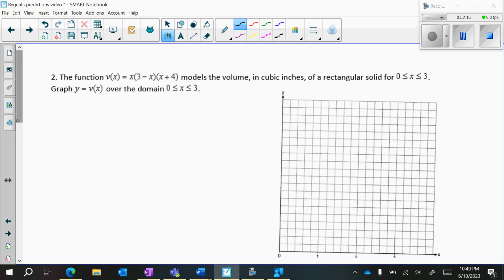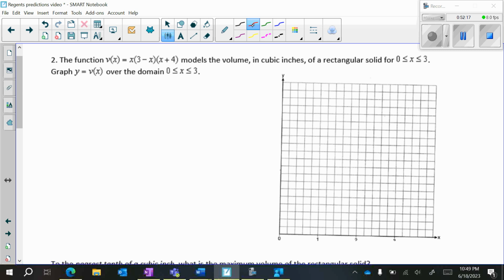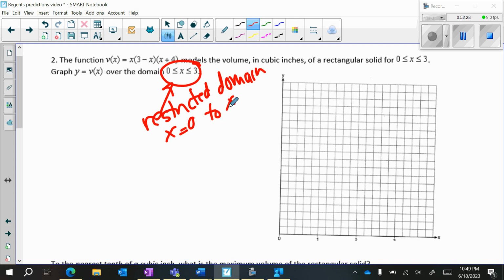I'm not going to do this next one with you fully, but I just want you to note that this one has what we call a restricted domain. So restricted domain means that you're only graphing from x equals 0 to x equals 3, just like we did restricted domain when we did our average rate of change. So you're gonna put this in y equals, okay, the whole thing.